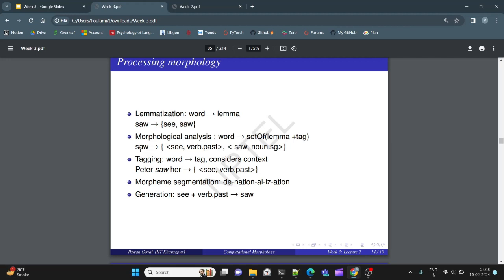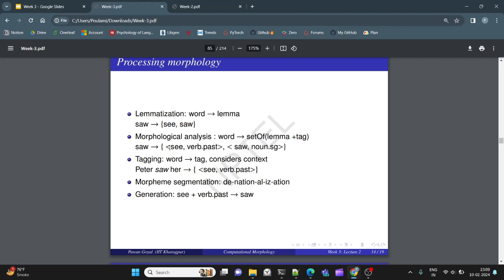One is it can be the past tense form of the word see. In that case, saw is a verb, the past tense verb form of see. So when I do morphological analysis, keeping in mind that saw is a verb, we get see as the base form, and it is a verb, and it is in the past tense form.